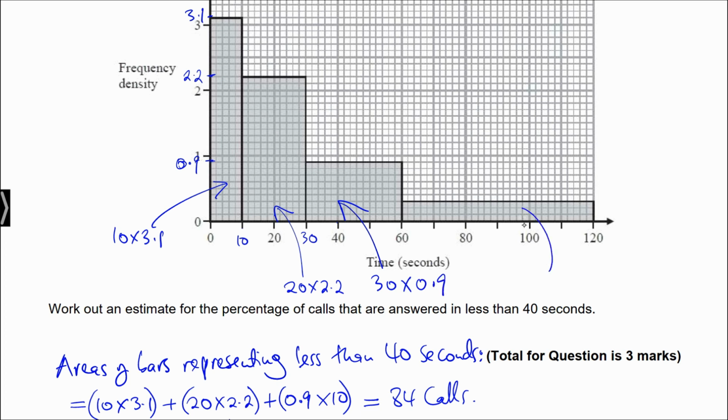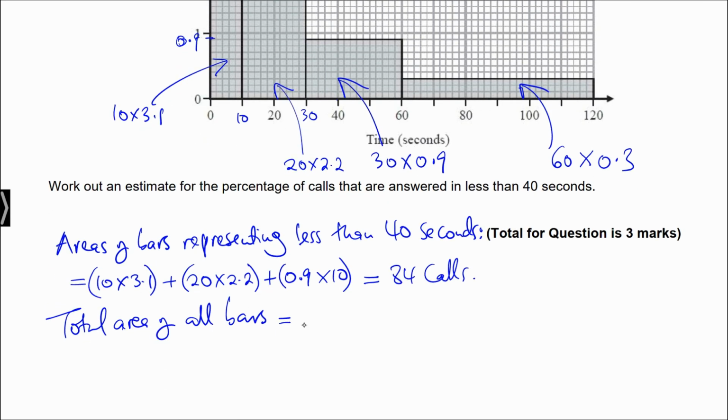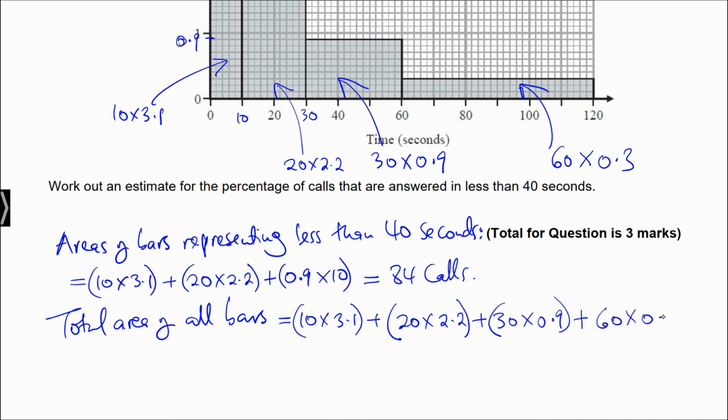And then the area of this bar here will be equal to 60 multiplied by the height of this bar, which is 0.3. So we have 10 multiplied by 3.1 plus 20 multiplied by 2.2 plus 30 multiplied by 0.9 plus 60 multiplied by 0.3. And all this will be equal to 120 calls.